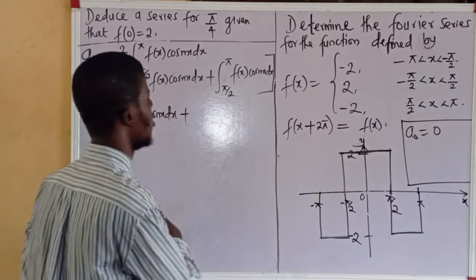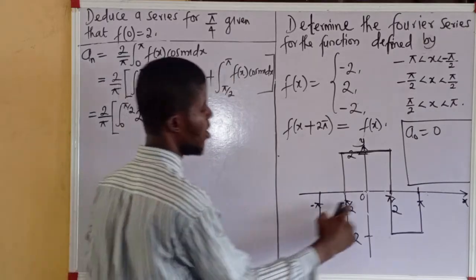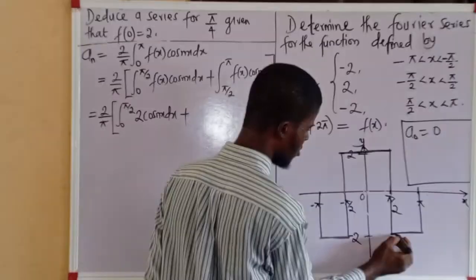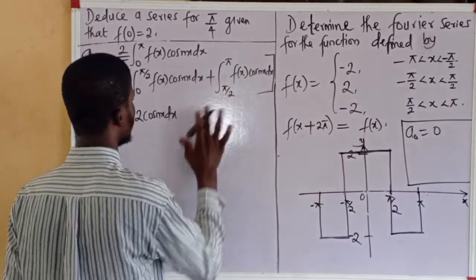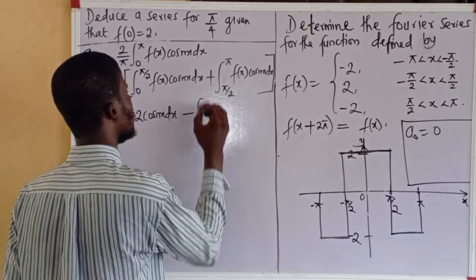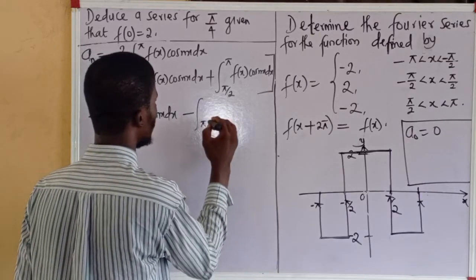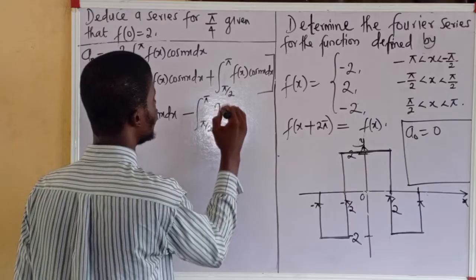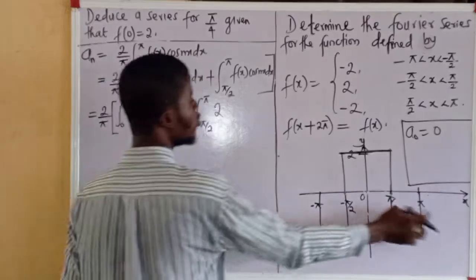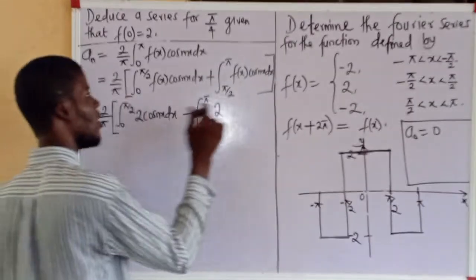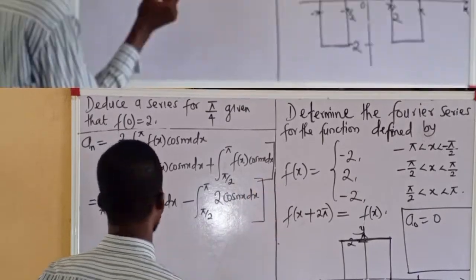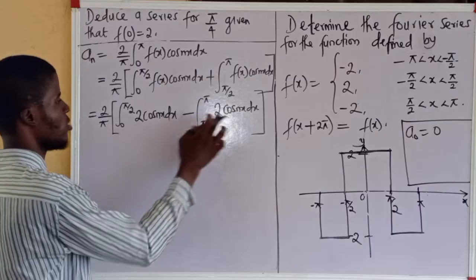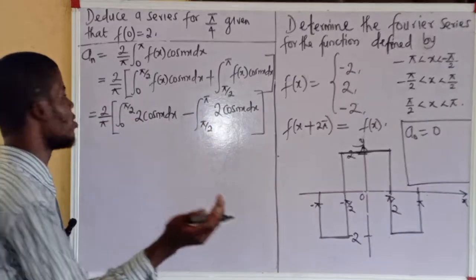Plus between pi over 2 and pi, f of x is minus 2. So that minus can actually come out. We're having the integral from pi over 2 to pi of 2 cos nx dx. Remember, we said it's minus 2, but the minus is outside.